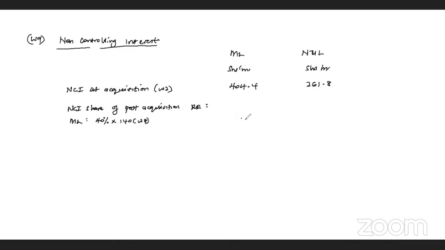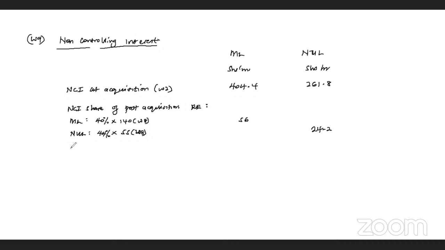This gives us 56. Then for NUL, it is 44% times 55. This is working 8. So this gives you 24.2.